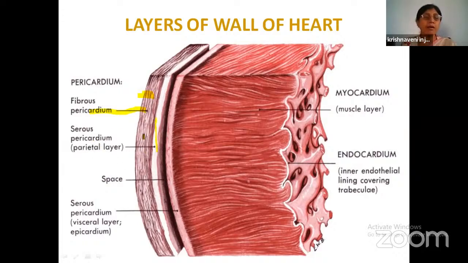This serous pericardium has the two layers. One is parietal, and the other one is the visceral layer. In between there is a space. This space is filled with fluid, and this is the myocardium, and this lining is endocardium. See how much thickness it has, the wall of the heart.